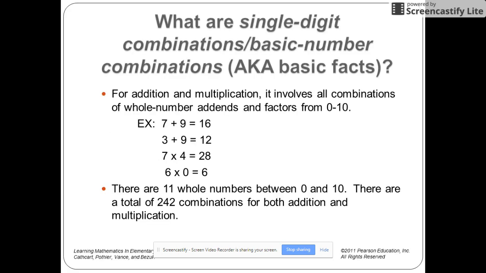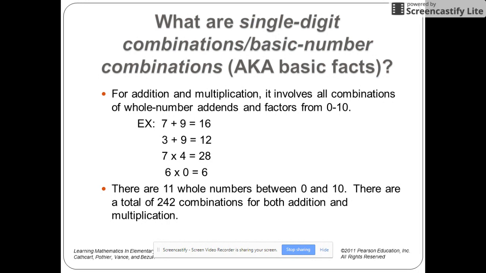With basic facts, traditionally, basic facts are what we refer to as your basic addition, subtraction, multiplication, and division facts. These are also known as the single-digit combinations or basic number combinations.